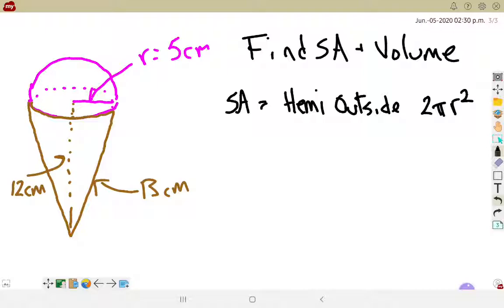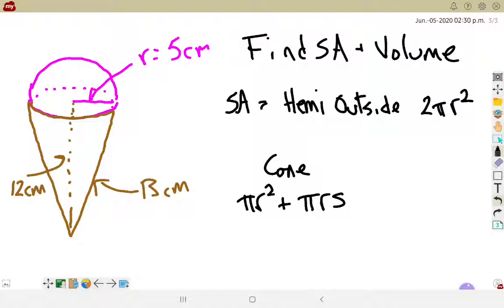And we can probably safely assume that unless you've gone to the worst ice cream shop in the world, they did give you the full sphere, you just only have half of it sticking out of your cone. For the cone itself, remember we had pi r squared for the circle at the bottom of the cone, plus pi r s, where s represents the slant height.